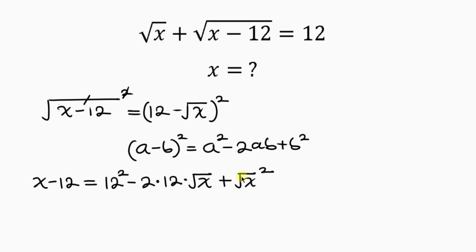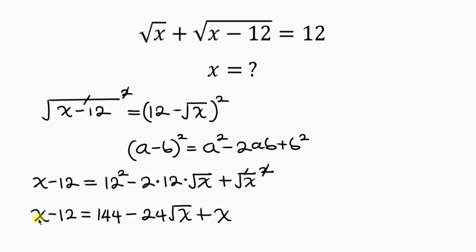Now notice that this square cancels out the square root, leaving behind x. So we have x minus 12 equal to 12 squared, which is 144, minus 2 times 12 times the square root of x, which is 24 root x, and then plus x.